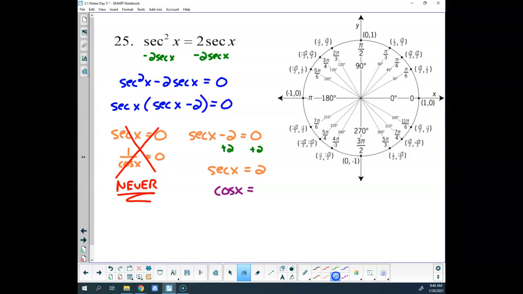The reciprocal of 2 is 1/2. So where is cosine equal to 1/2? Pi over 3 and 5 pi over 3.